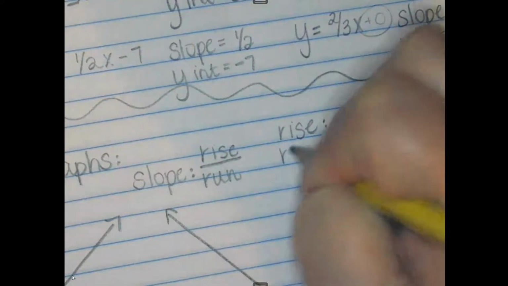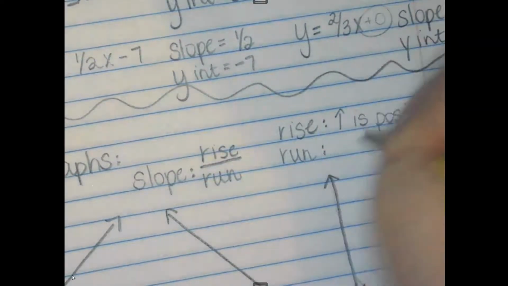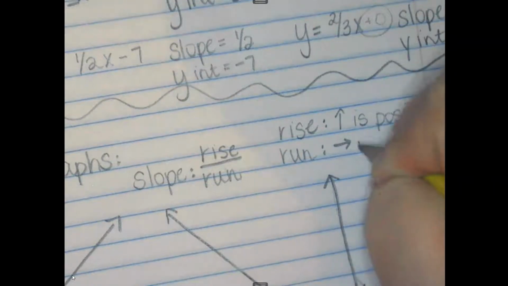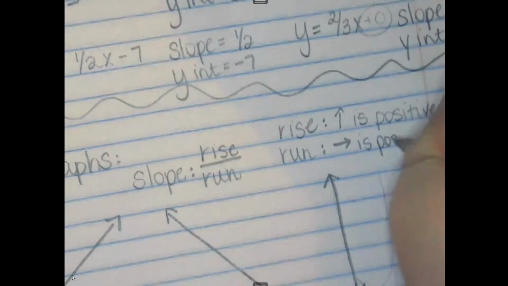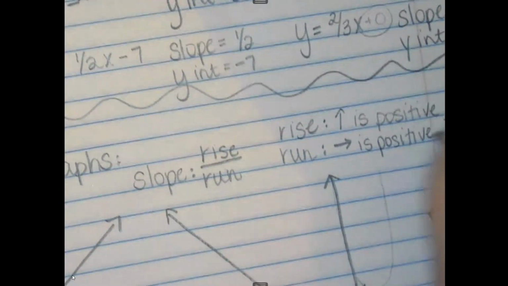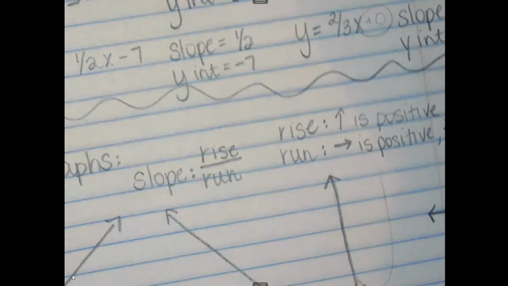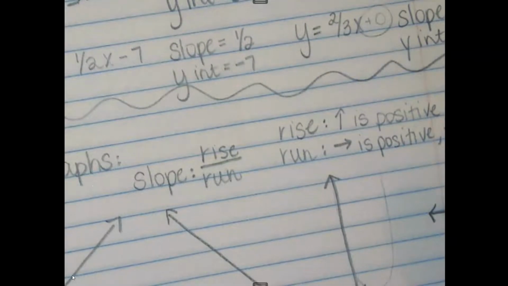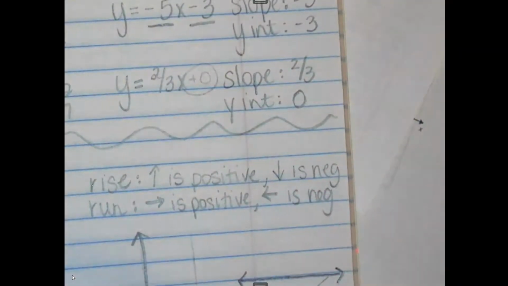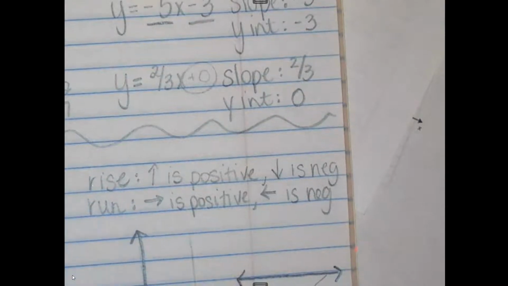For our run, to the right is positive, and to the left is negative. Sorry, I should have had us write that when we were on that page. Sorry, my mic fell.